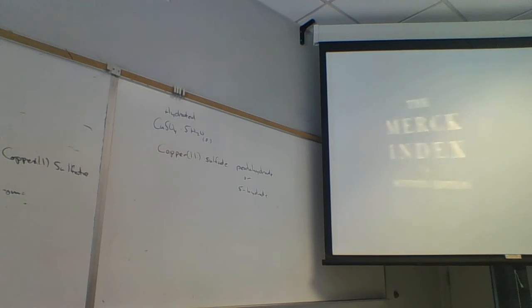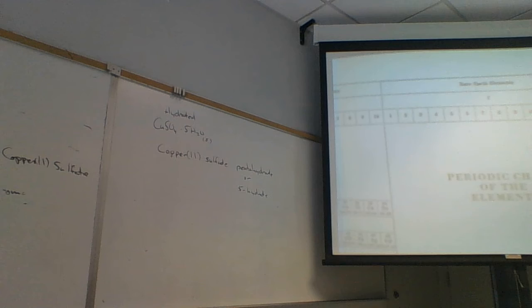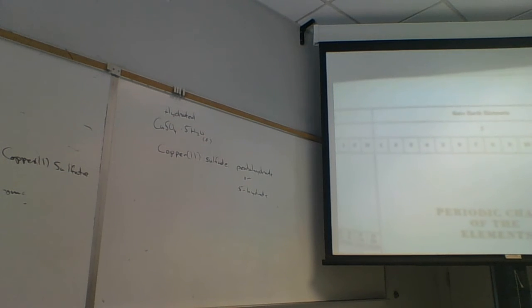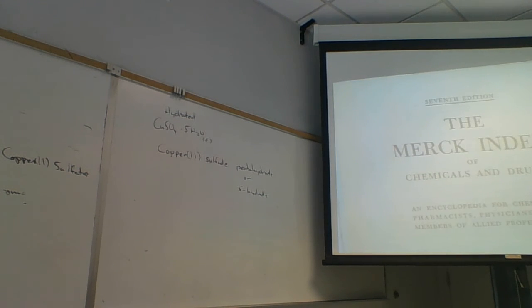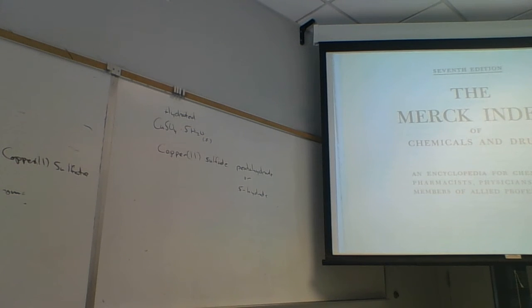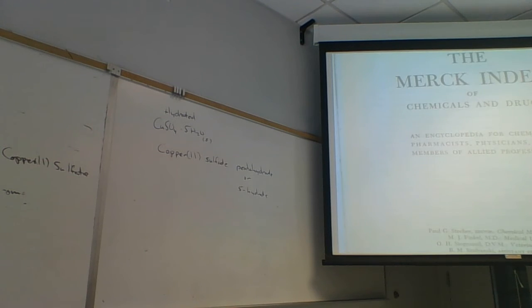Periodic chart of the elements. Looks like they picked it up for $12 used. Merck Index of Chemicals and Drugs, an encyclopedia for chemists, pharmacists, physicians, and members of the allied professions.